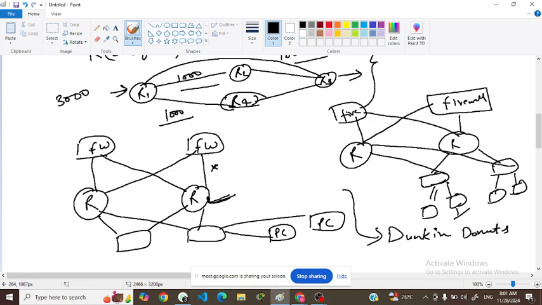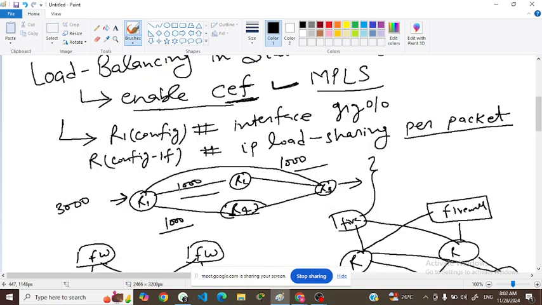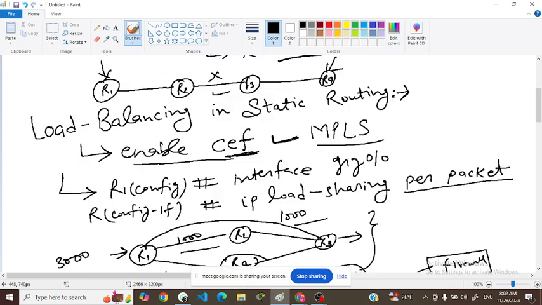Okay. There are some configurations; once you reach the HSRP and VRRP topic, then you will be able to understand. Guys, is it clear? The ip load-sharing per-packet command: first of all, you need to enable CEF, and after that you need to configure this command, ip load-sharing per-packet.